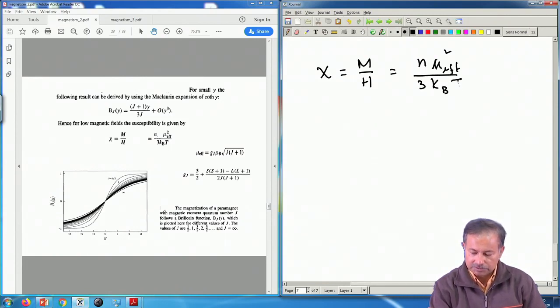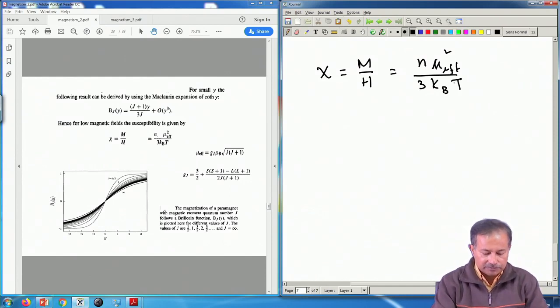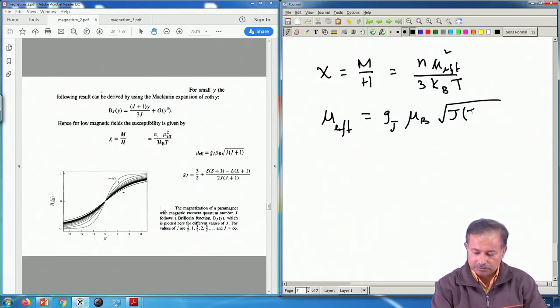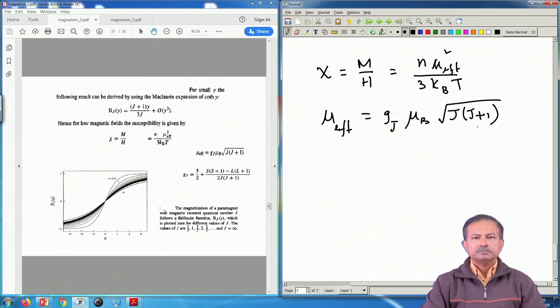This is the result, where of course mu effective has all those factors: g_J, mu_B, into root over J into J plus 1.